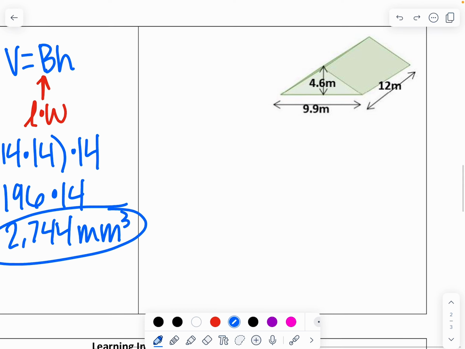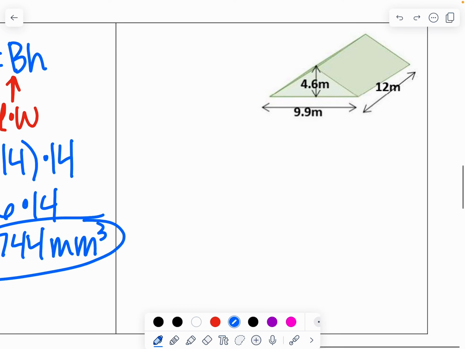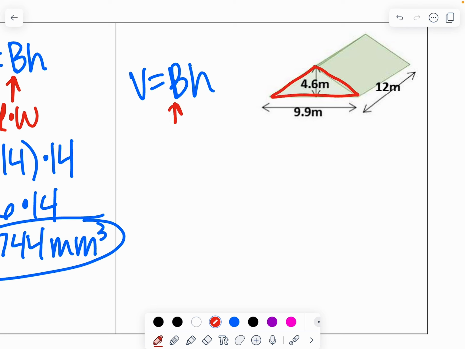On this one, same formula, so V equals big B times little h. So to find the area of the base, if we look at our base, it is a triangle, which means we have to use our triangle formula, which is 1/2 times b times h. Notice when we're finding area, it is a lowercase b. When we're finding volume, it is an uppercase B. Notice the difference. So in my parentheses, I'm going to have 1/2 times my base, which is 9 9/10.